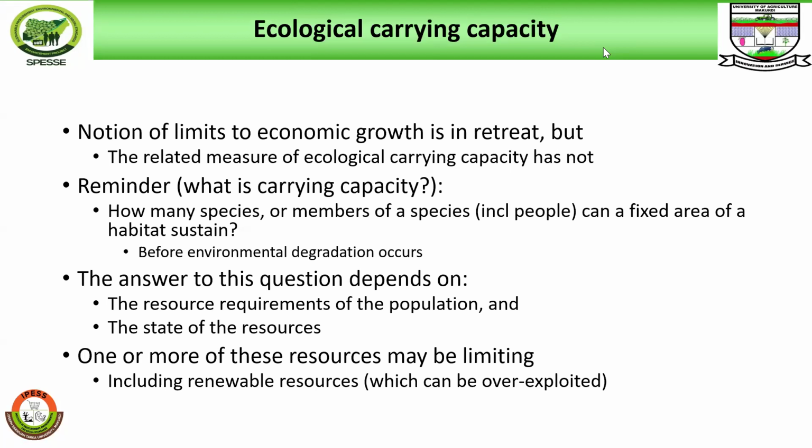One or more of these resources we're talking about, including renewable resources, can be overexploited. So we need to sit down and say, okay, if, for example, oil, we are taking out 2.2 million barrels per day, is it sustainable considering the amount of people we have and who we would have in the next 100 years? So we would now think of the ways to use these resources so that they are not overexploited.